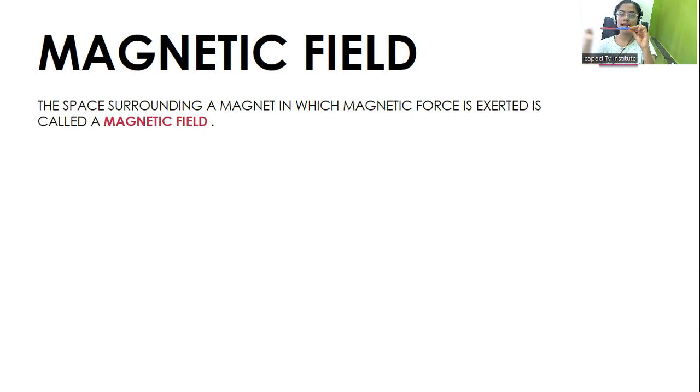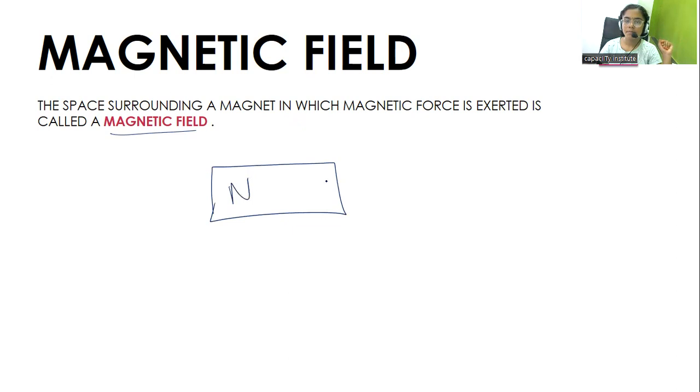The space around this magnet in which magnetic force is exerted is called a magnetic field. Now, how much space comes under the magnetic field?